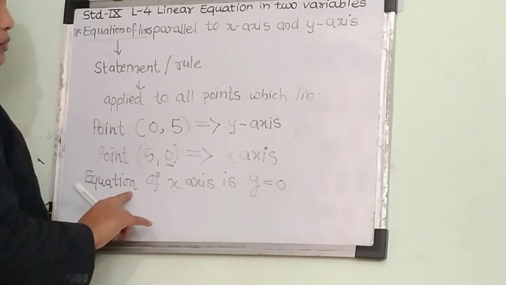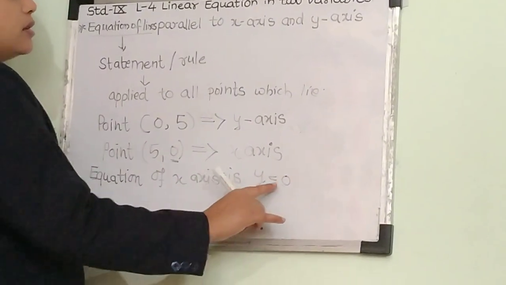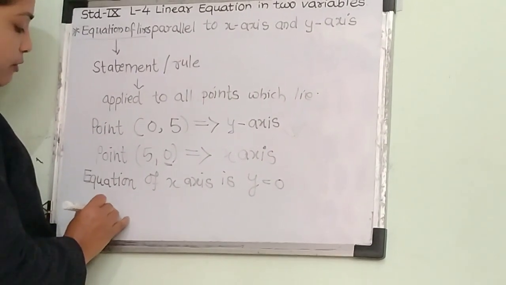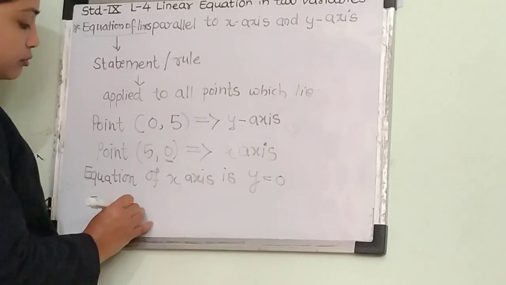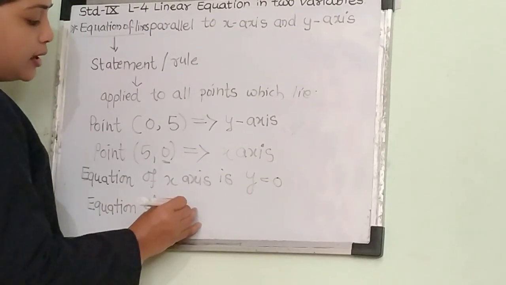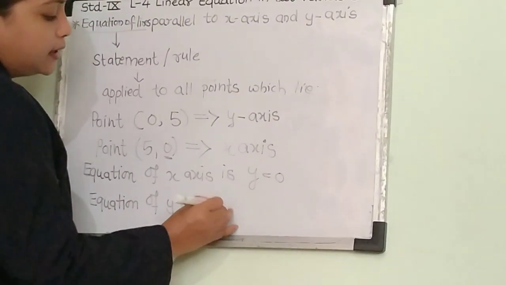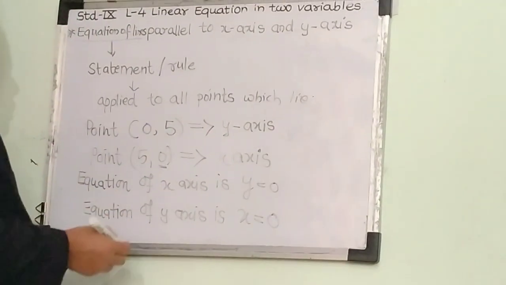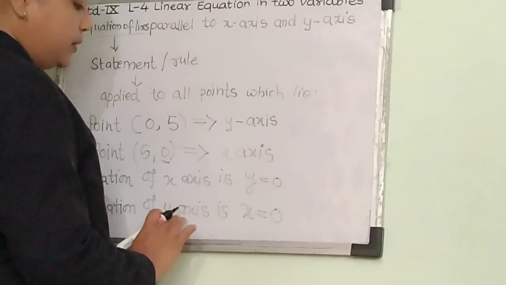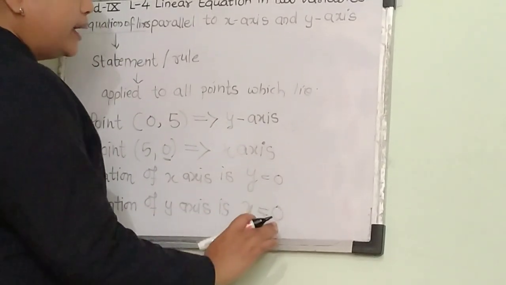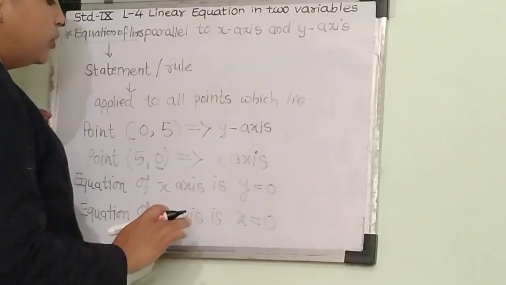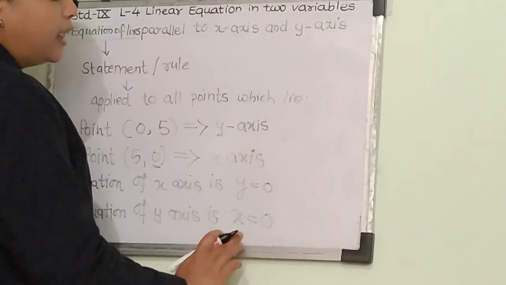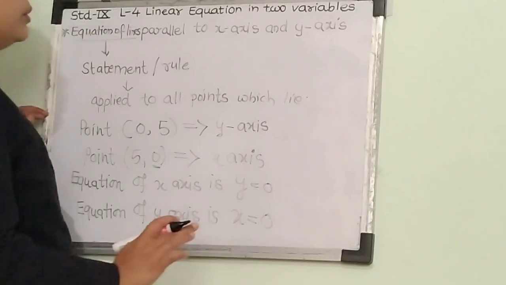So we get the equation of x-axis is y equal to 0 and the equation of y-axis is, we can say, x equals 0, as we know that every point on the y-axis has x coordinate 0. So we get the equation of y-axis is x equals 0.